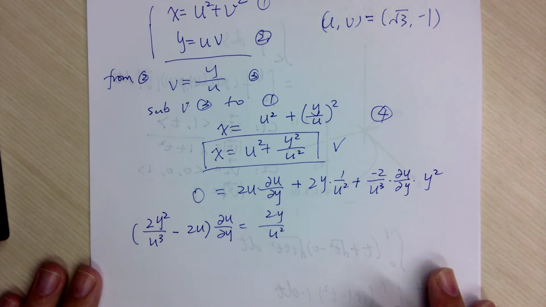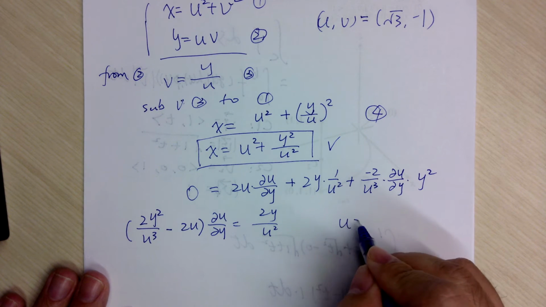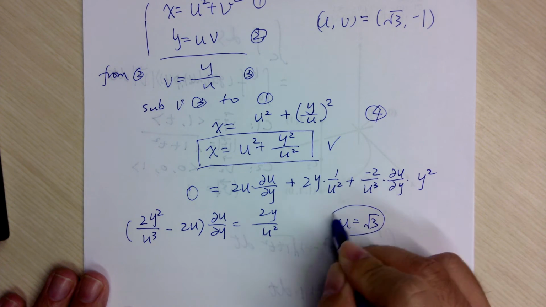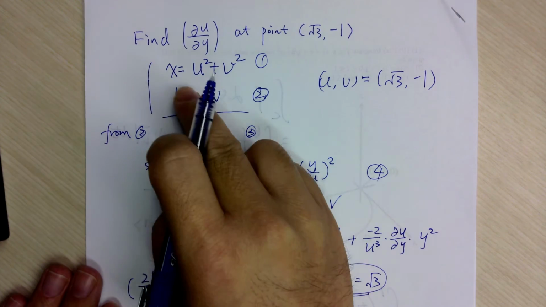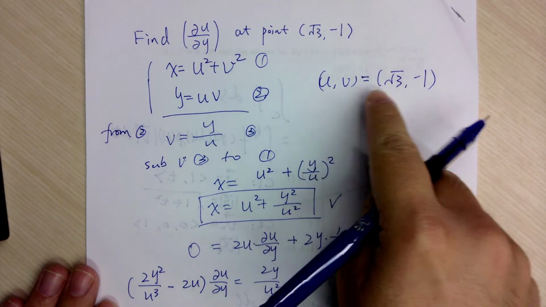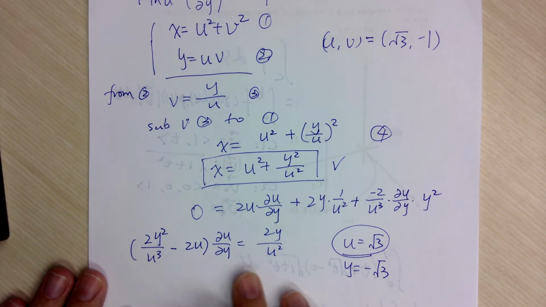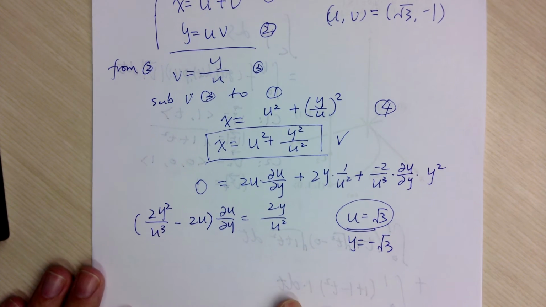Okay. So right now you can see we know that u equals square root of 3, right? And I also need to know y, which in our case is u times v, which is negative square root of 3. And then we can do the substitution.